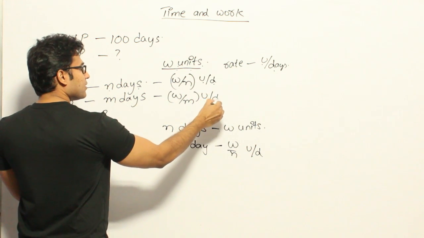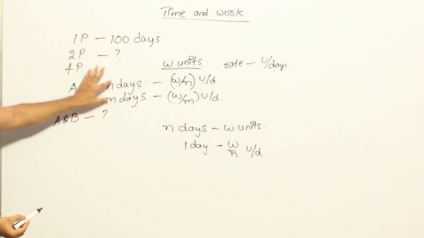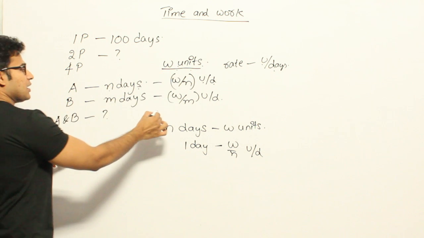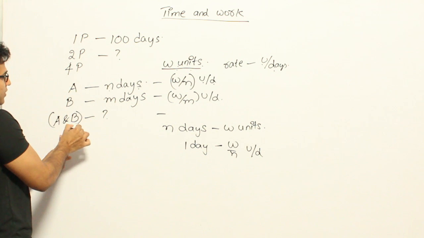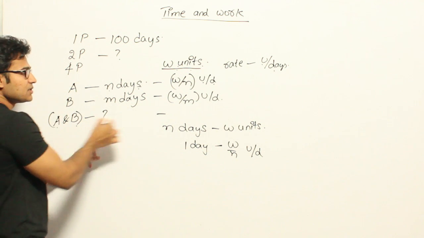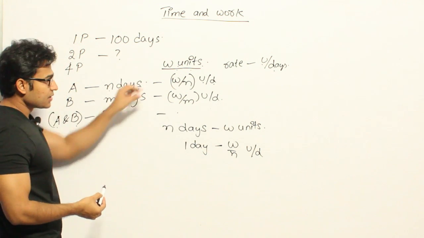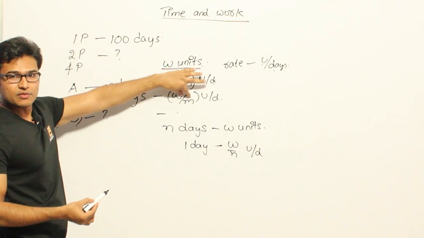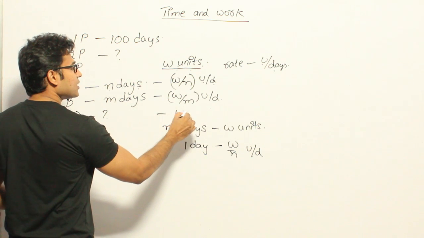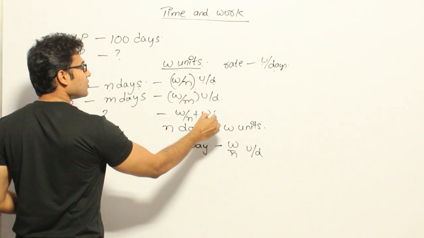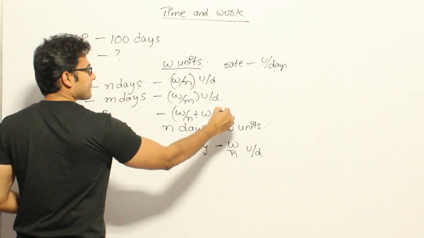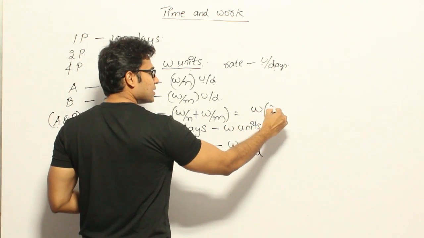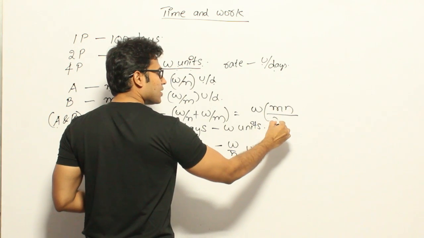Units per day, right? Now, instead of finding these days directly, find out the rate and then find out if we let them work, both of them work together, how many units they will be able to finish in one day. It is nothing but the number of units A finishes in one day plus the number of units B finishes in one day, which means W by n plus W by m. Got it? Now if you pull out W as common, you are going to get it as W into (m plus n) by mn.